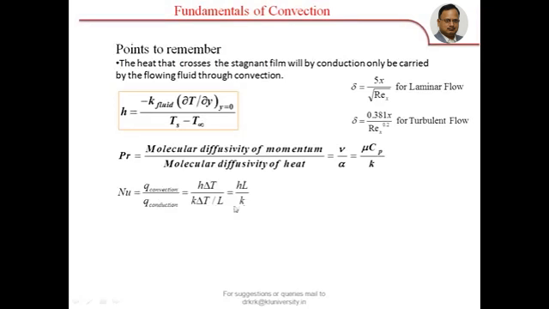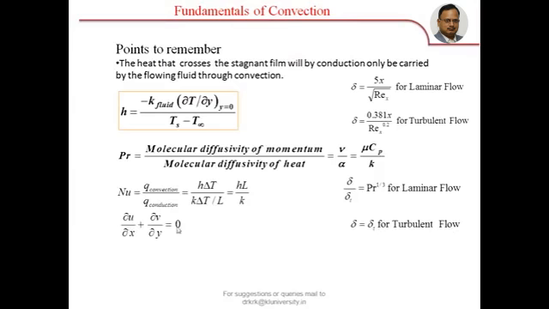This will be hL by k, where k is the thermal conductivity of the surrounding fluid. Once you know delta and the Prandtl number, we can determine the thermal boundary layer thickness using the formula delta by delta T equal to Prandtl number to the power 1 by 3 for laminar flow, and delta equal to delta T for turbulent flow.